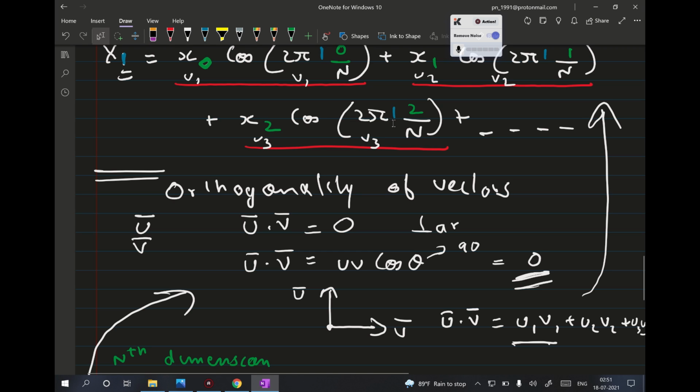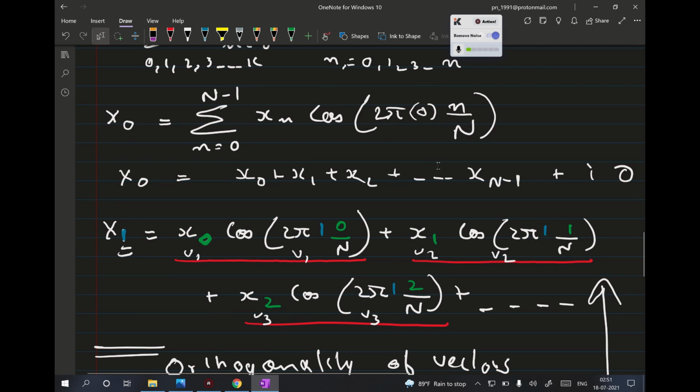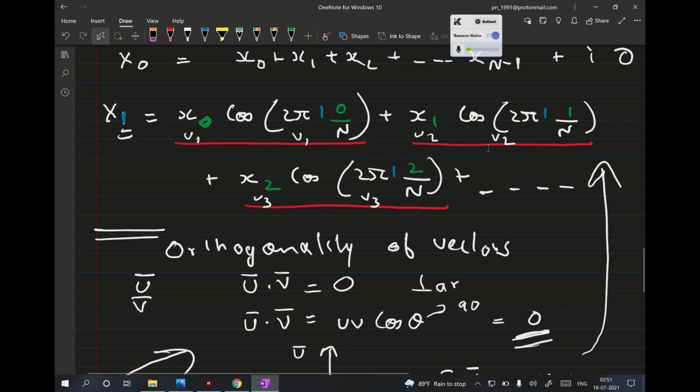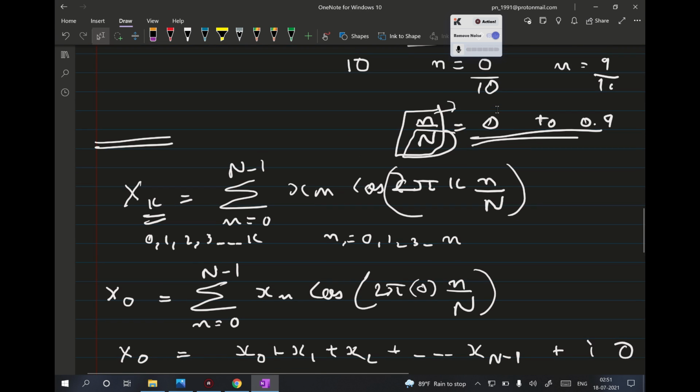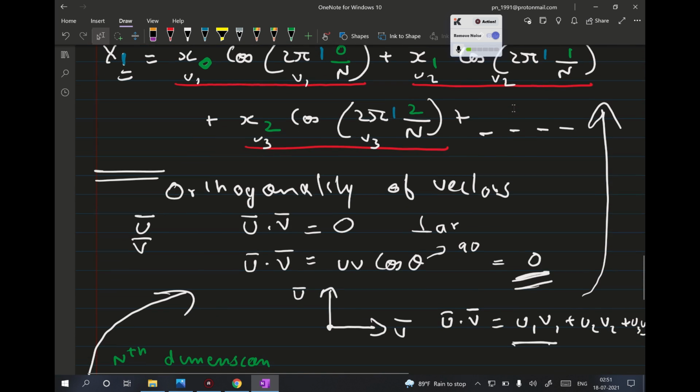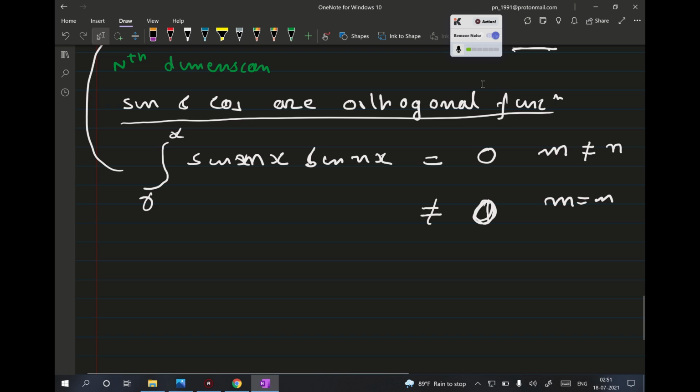So what is exactly happening? We are trying to take the dot product of two functions, not actually the dot product. We are trying to check the orthogonality using this transformation formula, but we are not dealing with three-dimensional vectors. We are dealing with sine and cosine functions, and the orthogonality relation looks similar but not exactly similar.